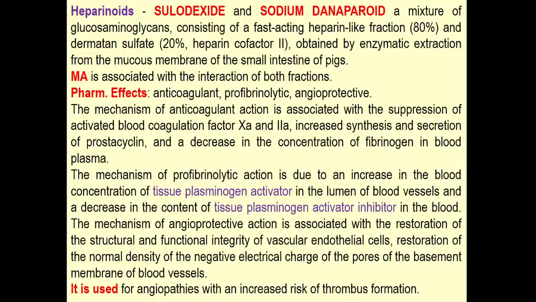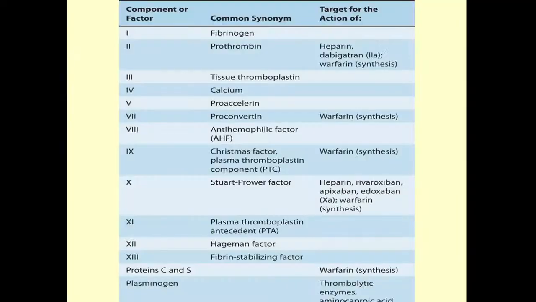I told you that these drugs influence synthesis of second factor, seventh factor proconvertin, ninth factor Christmas factor, tenth factor Stewart-Prower factor, and also proteins C and S. Synthesis of all these factors is inhibited by indirect anticoagulants.